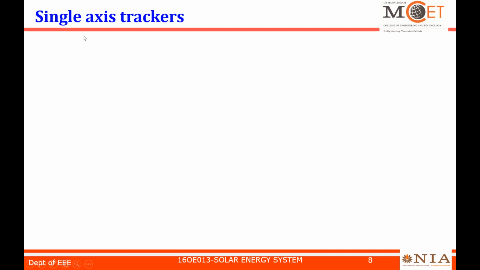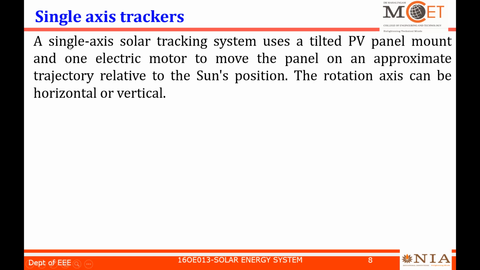Single axis tracker. A single axis solar tracker tracks the sun's position and moves the solar panel either in the vertical direction or horizontal direction to generate more electricity. A single axis solar tracking system uses a tilted PV panel mount and one electric motor to move the panel on an approximate trajectory relevant to the sun's position.